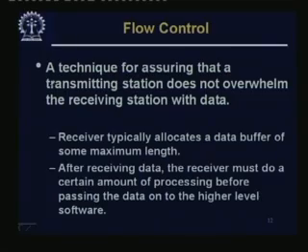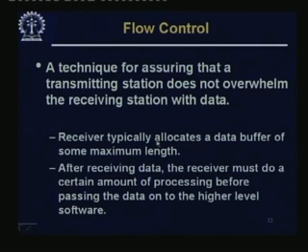Flow control is a technique for assuring that a transmitting station does not overwhelm the receiving station with data. Which means that the transmitting station is transmitting at a very fast rate, and the receiving station cannot receive or process it, its buffer overflows, etc. So, the receiving station gets overwhelmed, and some of the frames or some bits may get lost. This is what we want to avoid, which is the topic of flow control.